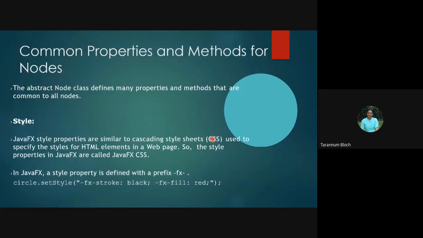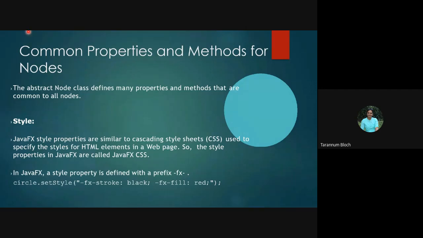Fine, right? So there are certain common properties and methods available for the class. If we look at the entire hierarchy available in JavaFX, as we said, JavaFX is a library to deal with or to use circles and shapes and colors and UI controls in your application.